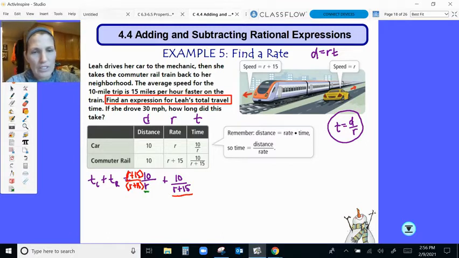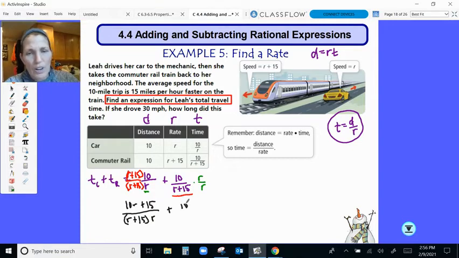And then I have this R over here, so I need to multiply over here by R over R, okay? So then I will be left with, if I distribute this 10, I'll have this 10R plus 150 over this R plus 15 times R, plus up here I'll have 10R, and then over R plus 15 times R, okay?